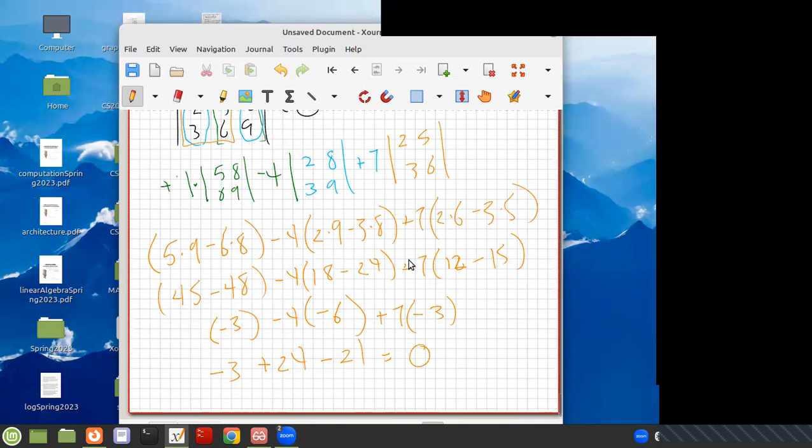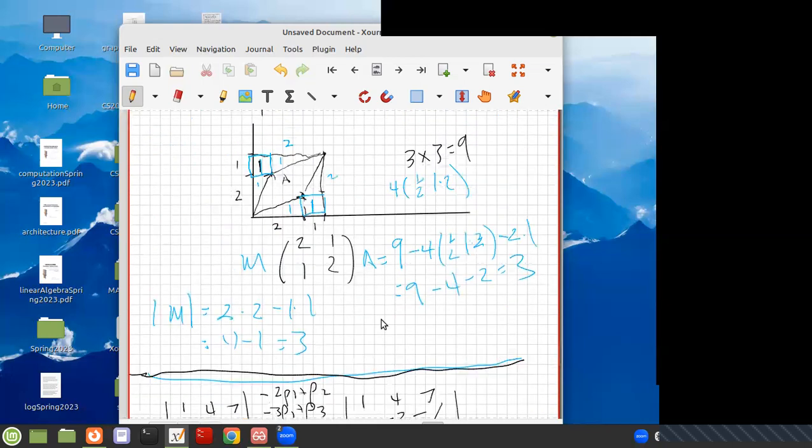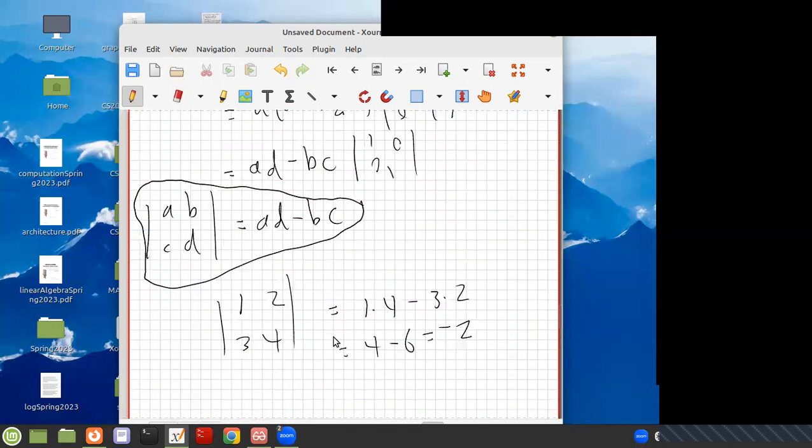So this was a horrendous calculation that was done much more simply and easily with Gauss's method. Gauss's method is the most efficient way of calculating numerical determinants. The formulas here are useful to remember.